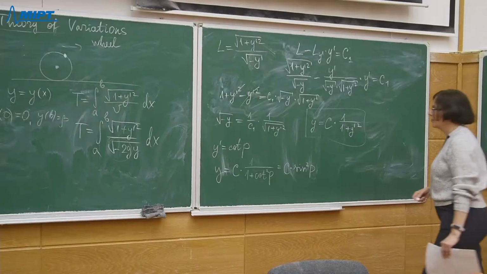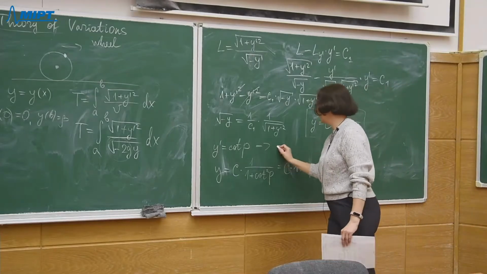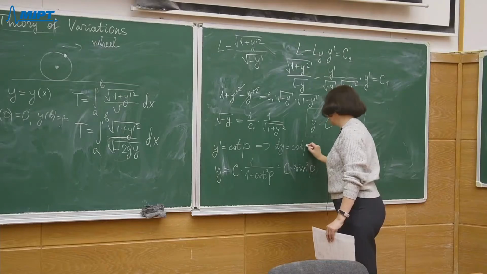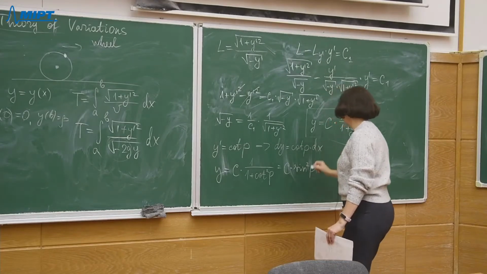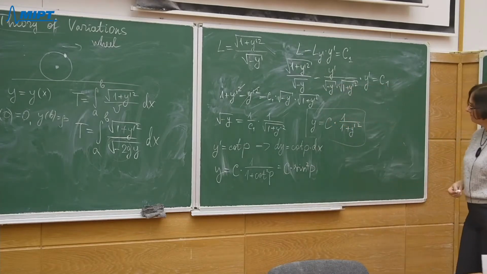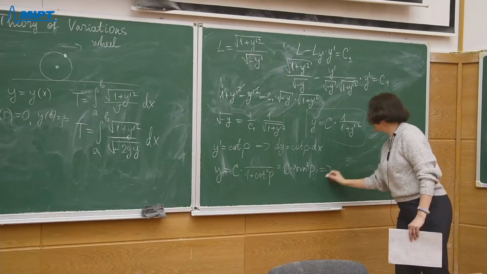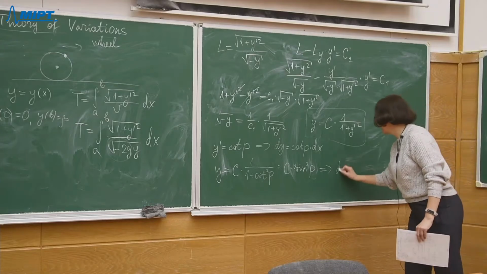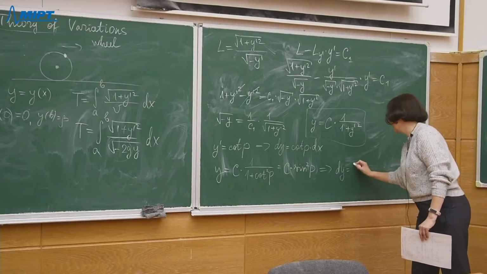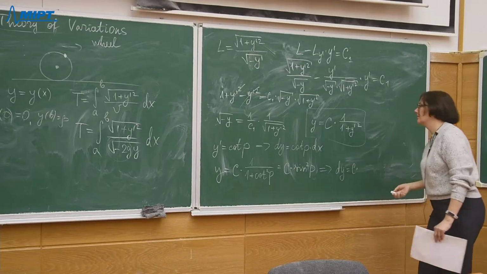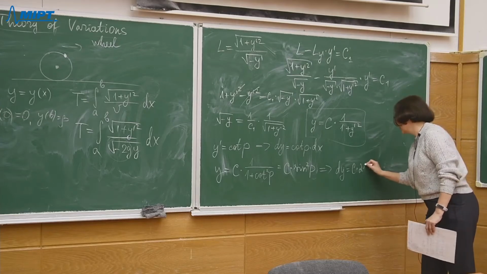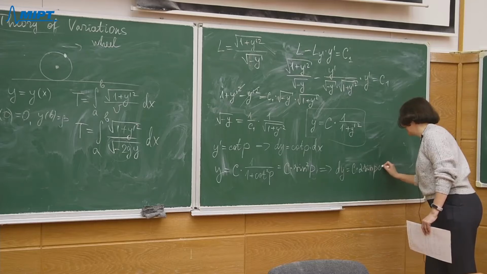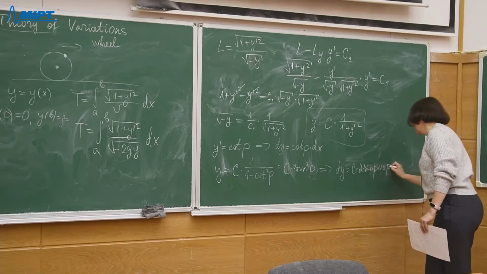From this formula I have dy equals cot p times dx. And if I differentiate the other formula with respect to p, I will get dy equals c times 2 sine p cos p dp.